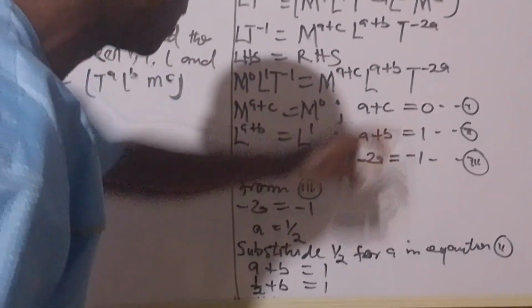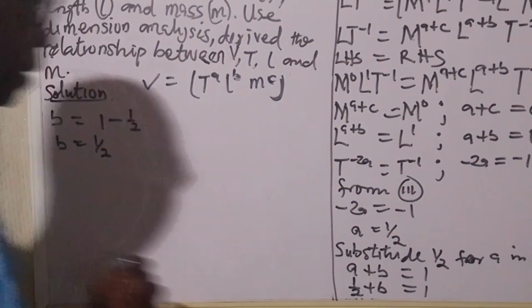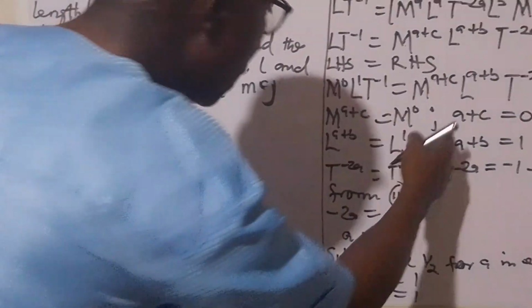Now, C from equation 1, and we have A and C. Luckily, we have got A the other time.